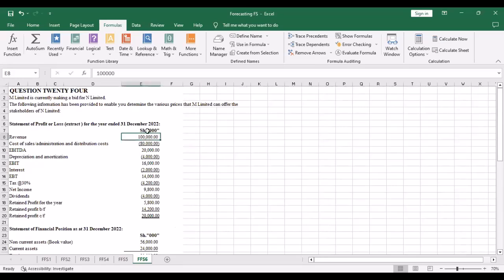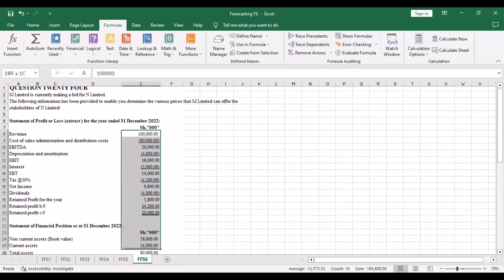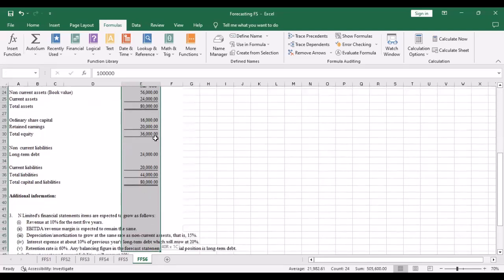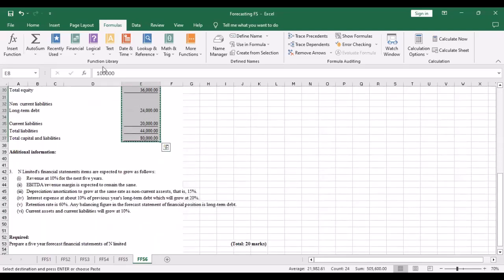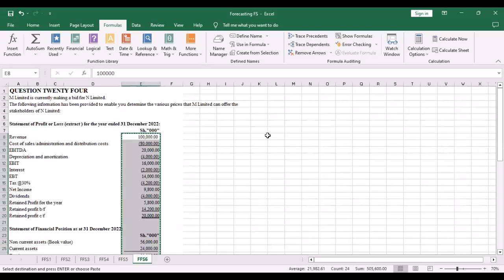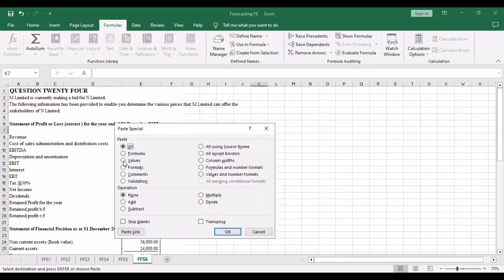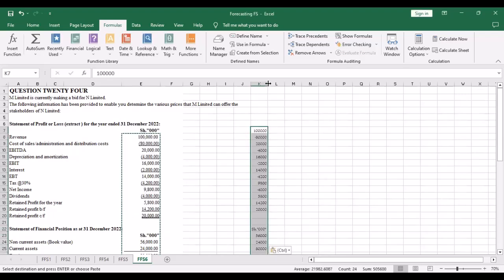So maybe you must have the previous year. So I'll do Control C. Maybe I paste somewhere here. Control Alt V, I want to just paste the values so that it doesn't destroy my formatting here.